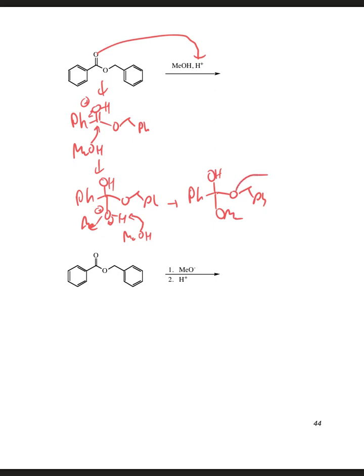Protonate the O-benzyl from our acidic methanol. And then reform a carbonyl, kicking out our leaving group.